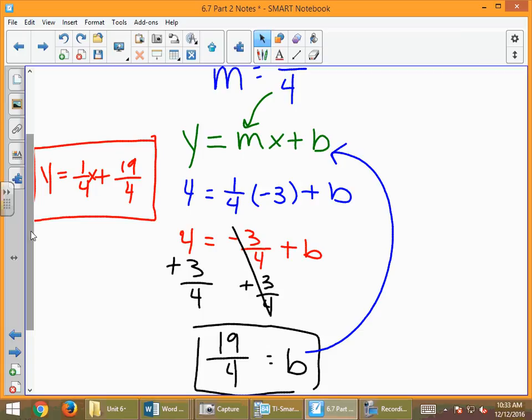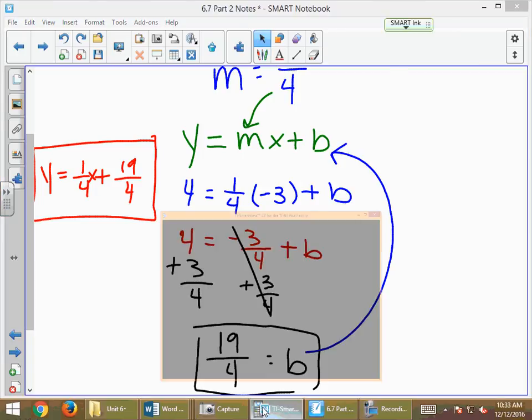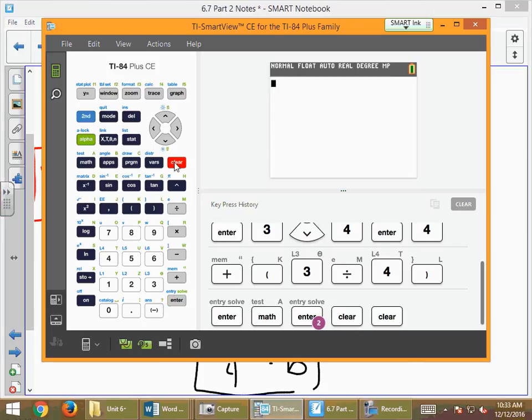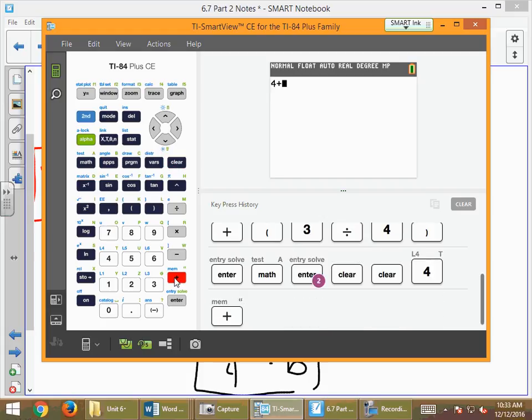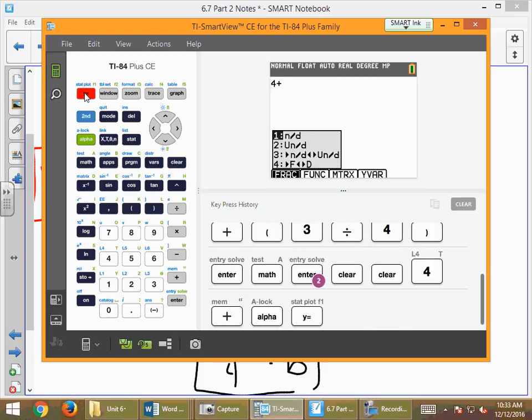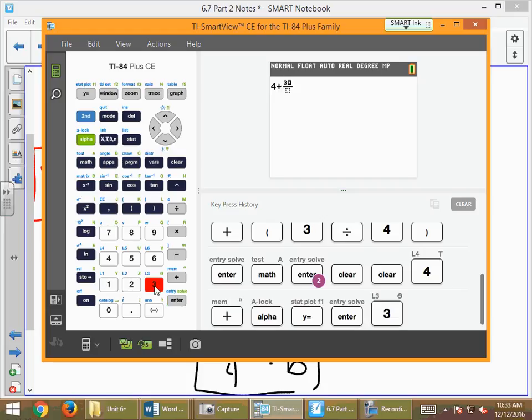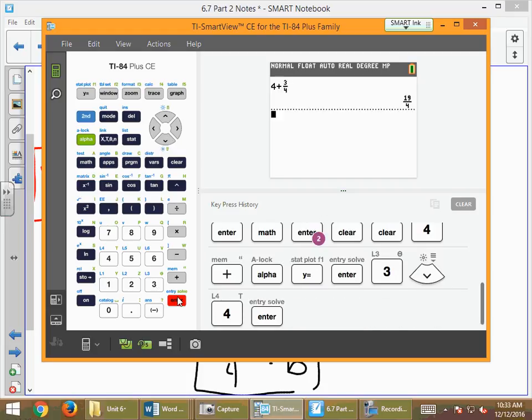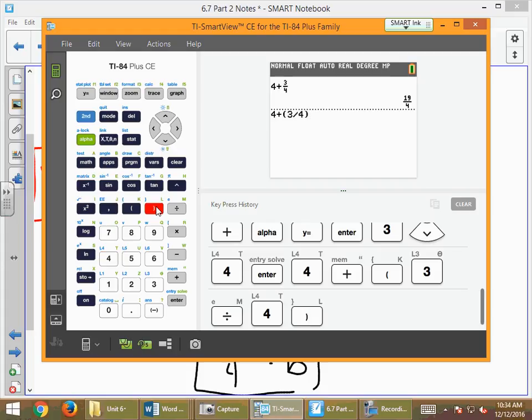If you had a graphing calculator, a more updated one, you could have plugged it in as 4 plus 3 over 4. Gives you 19 over 4. If you don't have a more updated calculator, you do 4 plus, put in parentheses, 3 divided by 4, close parentheses, enter, gives you a decimal.